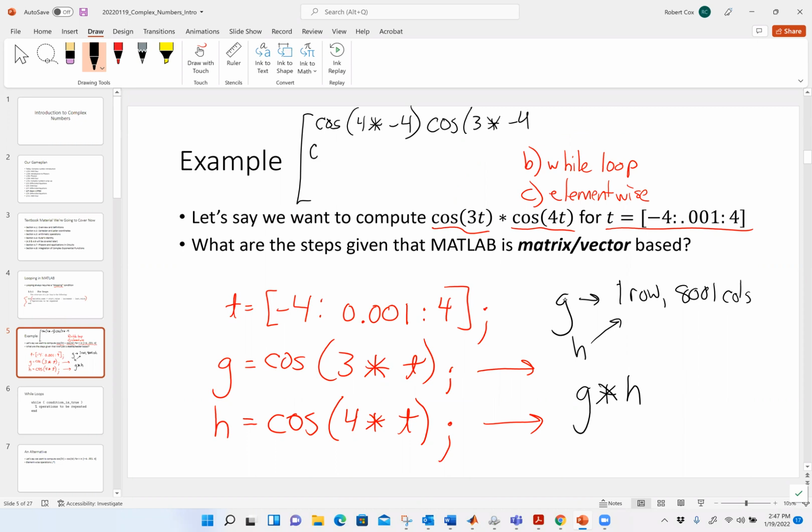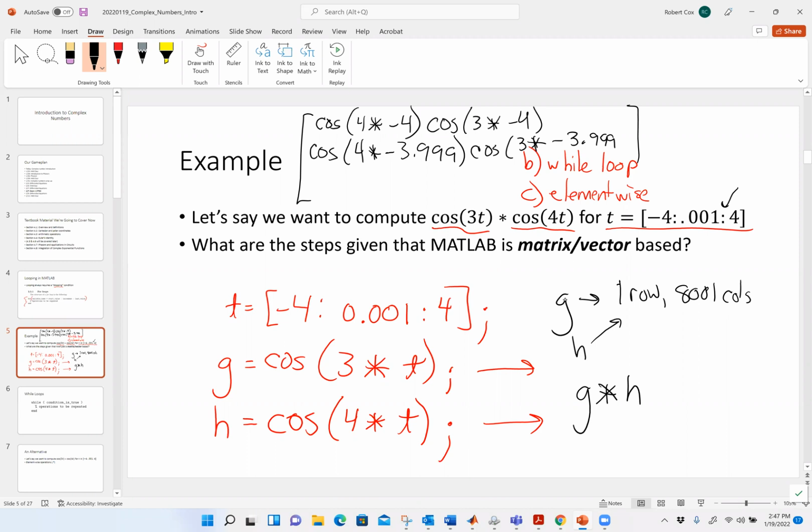The next one would be cosine of 4 times -3.99, times cosine of 3 times -3.99, like that. So I'm trying to create an output vector that's defined at all of those values in this time vector, and I need to multiply each entry in G by each entry in H. You guys follow that?